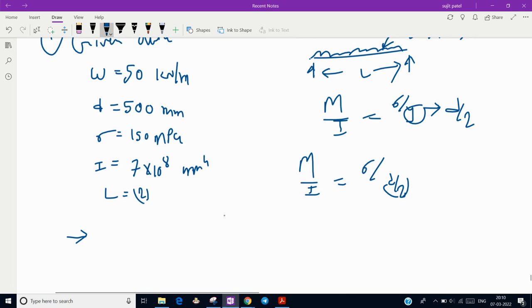It will save your time in the exam. So in this case, the maximum bending moment is given by wL square by 8. This is the direct formula, so you can write it directly in the mains examination.